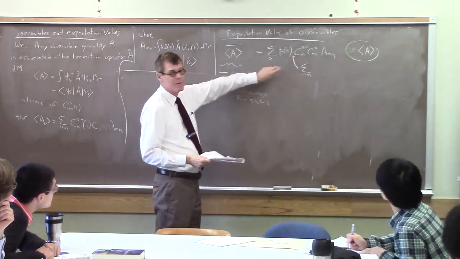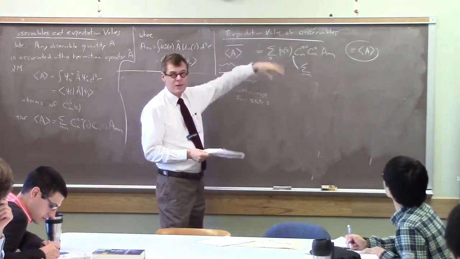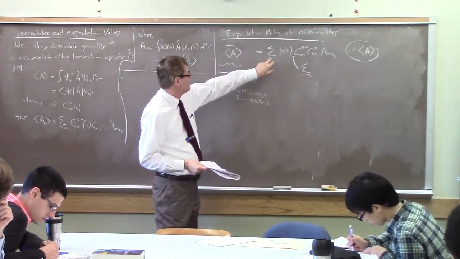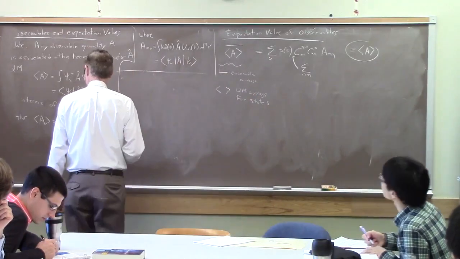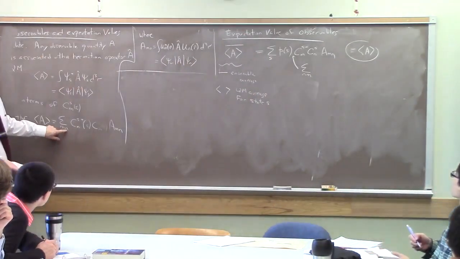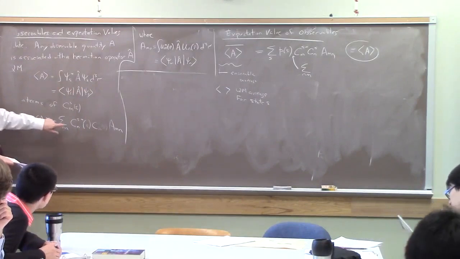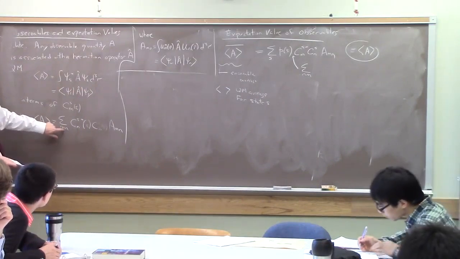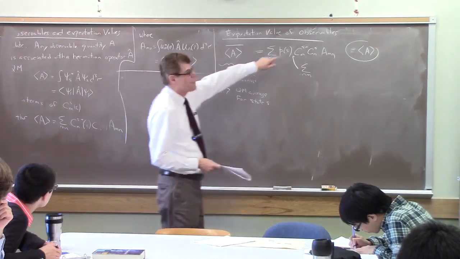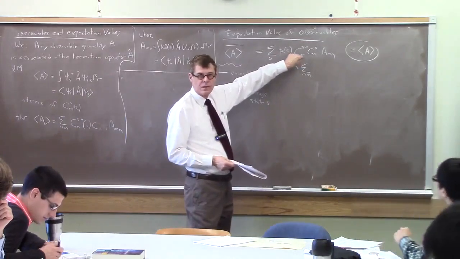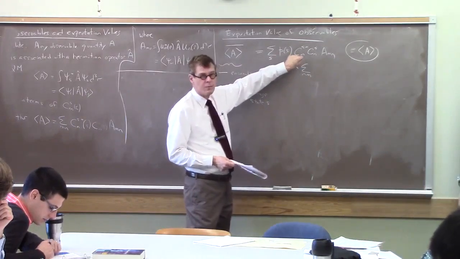Please note, mistake. No, I just did it wrong. I copied wrong. Okay, so the quantum expectation value of A is this quantity here. I just forgot to put this symbol in place here.